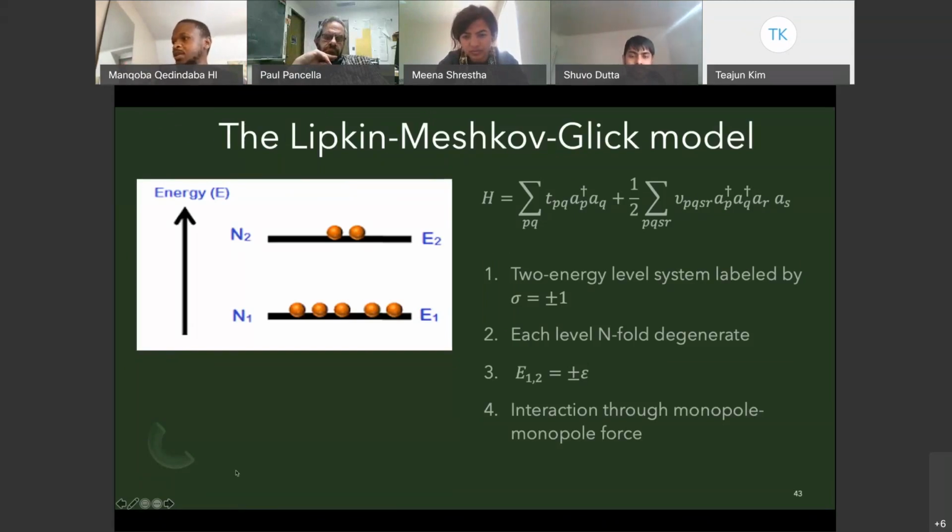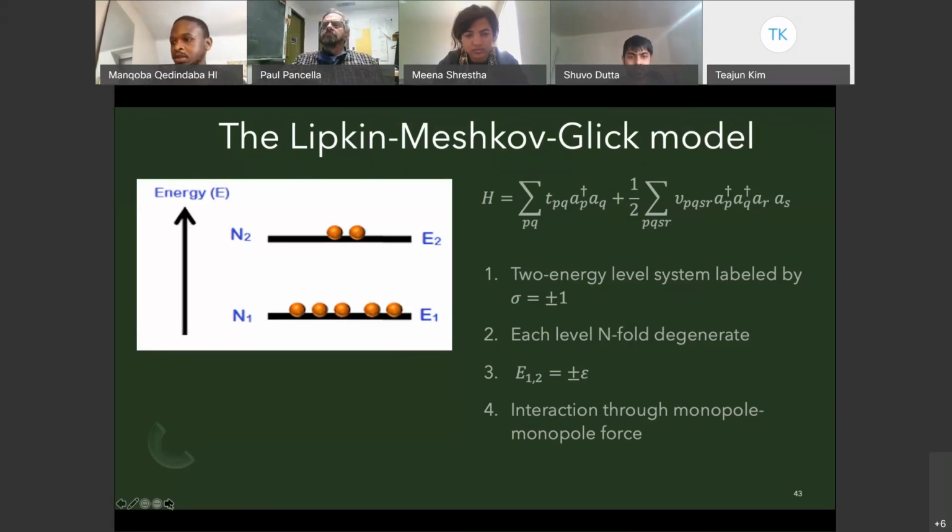What it does is that you can model many-body physics by looking at a system that has two energy levels. You put particles in either energy level 1 or energy level 2, and the goal is that you only restrict the kind of interactions that you have there.